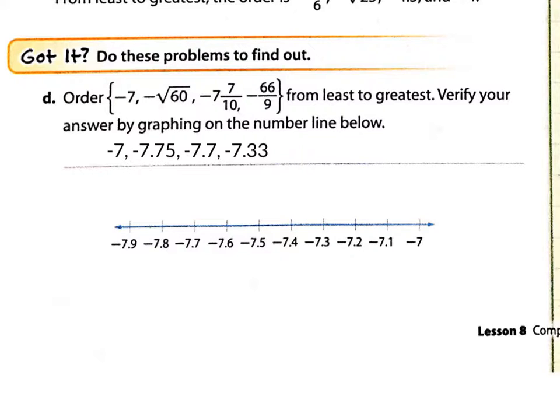Now we just have to graph them. So we got negative 7.7, that's right there. Negative 7.75. 7.33 repeating.